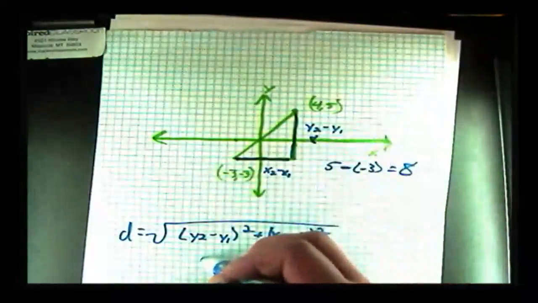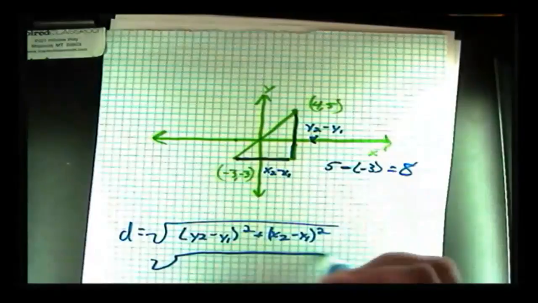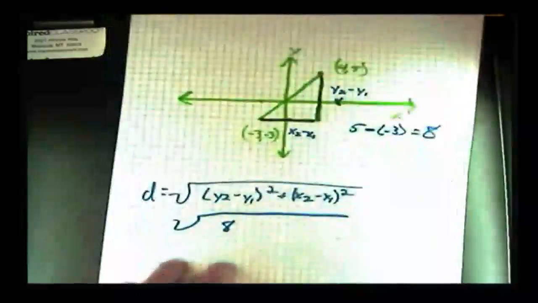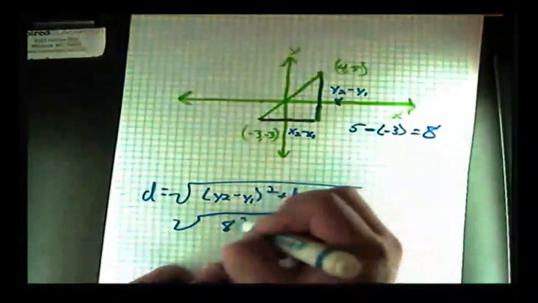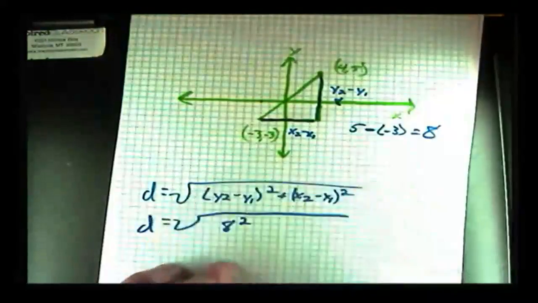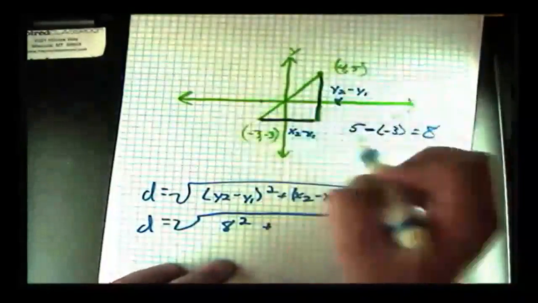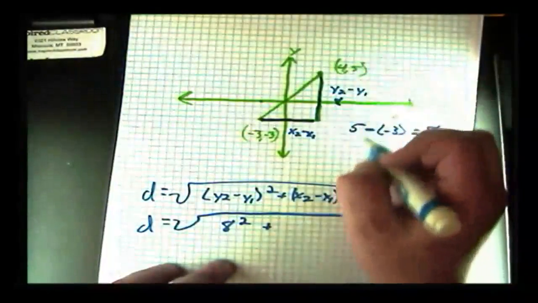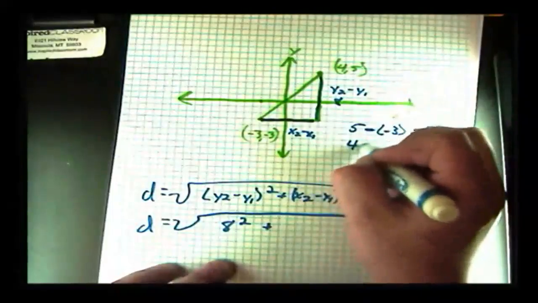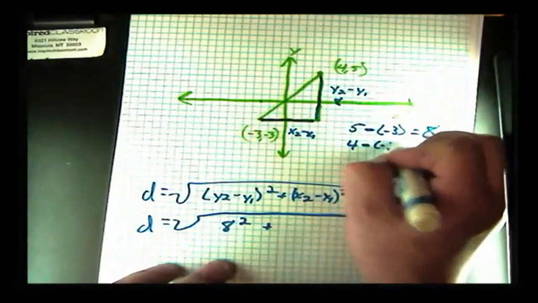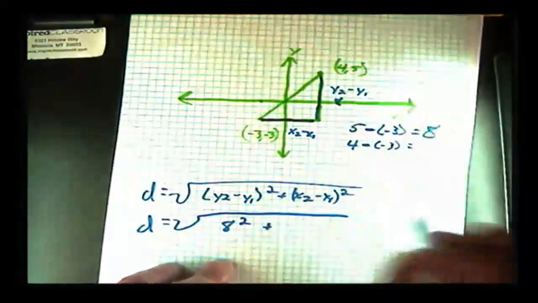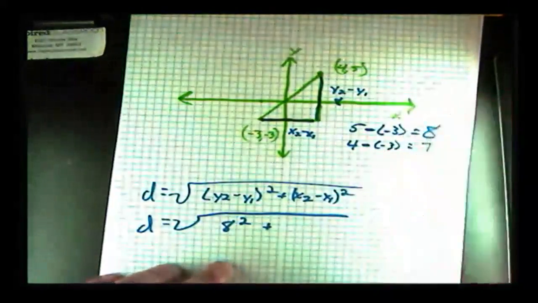So this part, we'll simplify this. This part is an 8. Move that up. So I have an 8 squared, right? Plus, and then we'll do my x's. So my x's are 4 minus, again, a negative 3. So 4 plus 3 is actually 7.